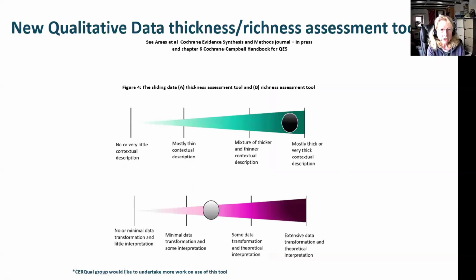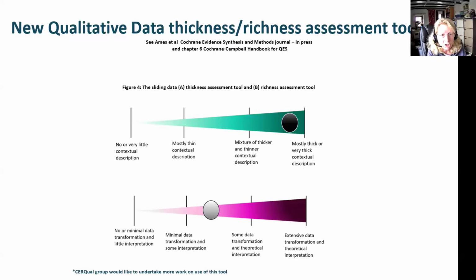There's also a new tool for assessing qualitative data thickness and richness. This again has just been published in the Cochrane Evidence Synthesis and Methods journal. It says in press there, but it's just been published. Again, there's a new chapter in the Cochrane Handbook, Chapter 6. So have a look at this new tool.